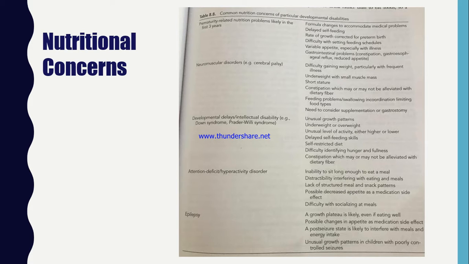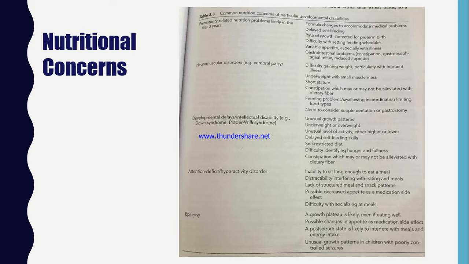So next we're going to look at more nutritional concerns, and this is table 8.8, which you can find in your textbook. These are common nutritional concerns for developmental disabilities. First, we'll look at the nutritional problems that are likely in the first 3 years.